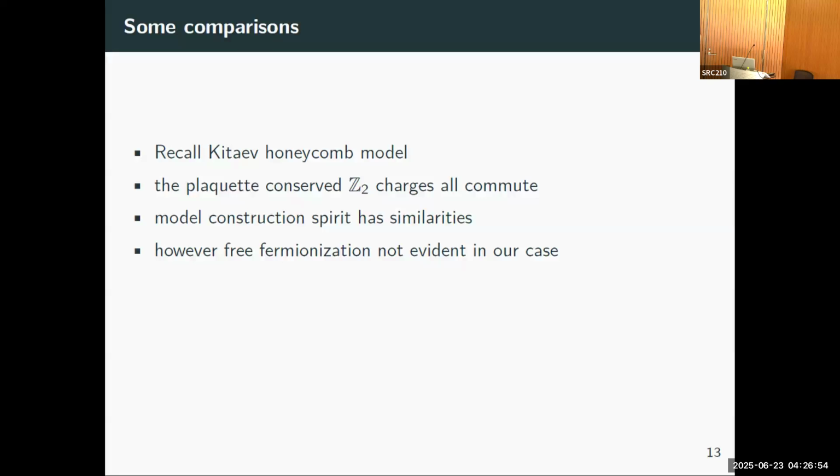So from that point of view, you can consider this model: you take an Ising plaquette along the XX direction, and you take another Ising plaquette along the ZZ direction, and you cross-link them. In that spirit, you can compare it to the Kitaev honeycomb model. But as we well know, the local Z2 charges of the honeycomb model all commute, which leads to solvability, and you can do some free fermionization. But in this construction, at least to me, it's not evident if there's a free fermion description or not. And I suspect there is not.